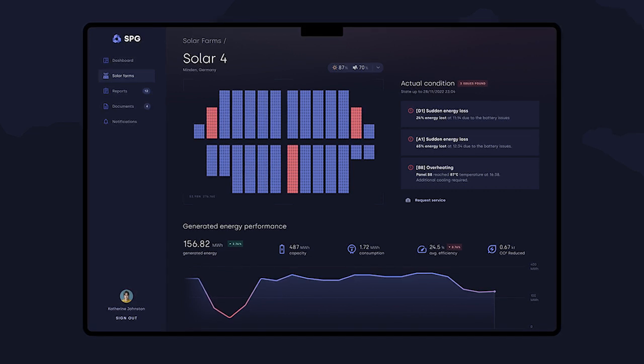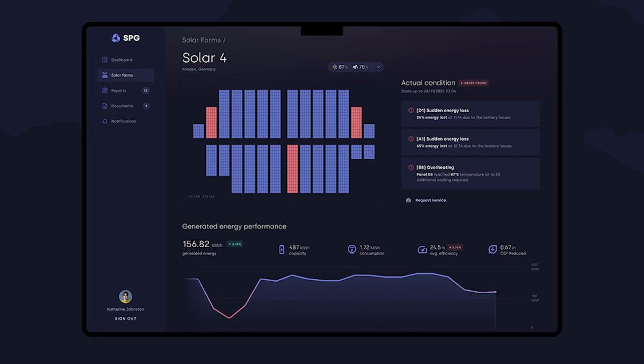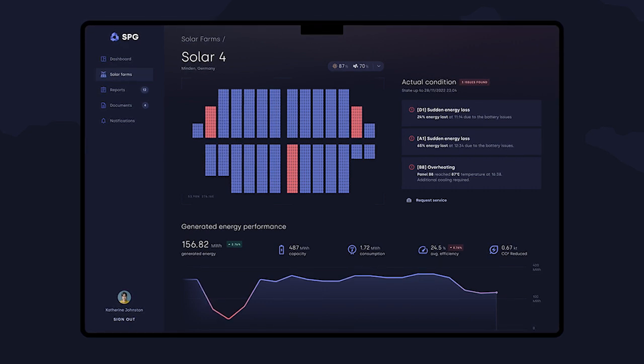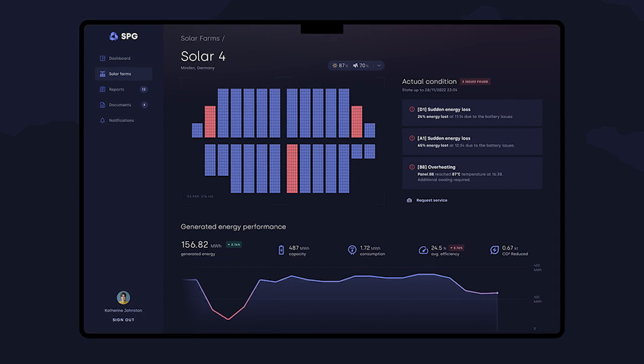So yeah, the first well-known mistake in designing dashboards is data and information overload. The more complex and data heavy the system is, the more difficult and important the information architecture becomes, and prioritizing the requirements and specific needs of end users is crucial if you want your dashboard to be useful and, let's say, pleasing to the eye.